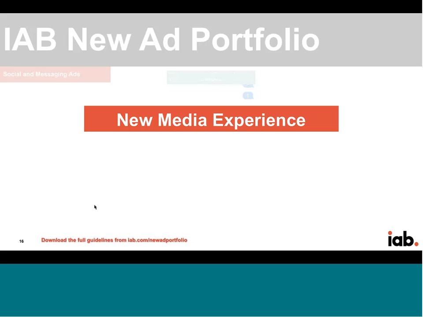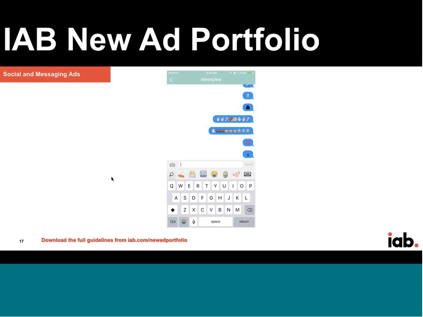So let's take a look at that. The first one I have is for the messaging environment. So we introduced the emoji ads, and it can be a bigger sticker style advertising also. But here's a quick example of how an emoji ad could be used in a communication app.